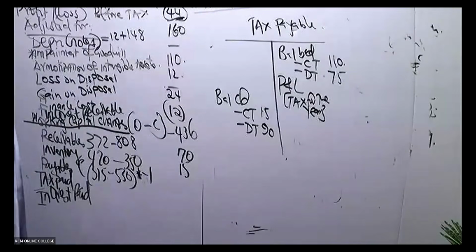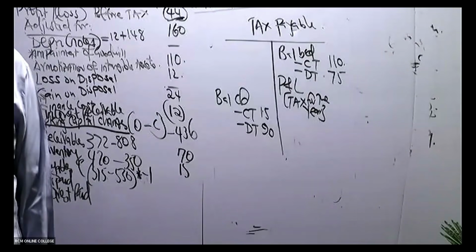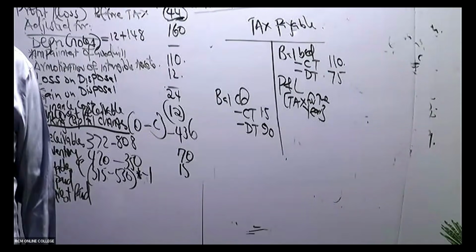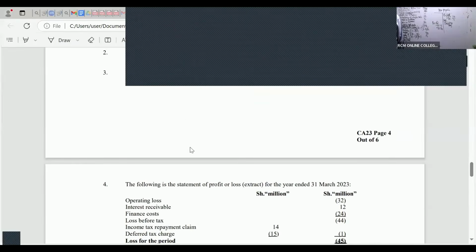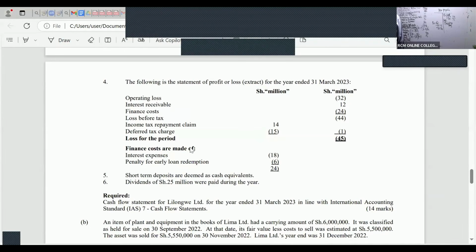So I believe that everybody now is comfortable with how we have been able to bring down the balances and carry them down. Now the P&L for the year, what have they told us here? Look at the extracted P&L. You can see income tax repayment claim, we're claiming 14.